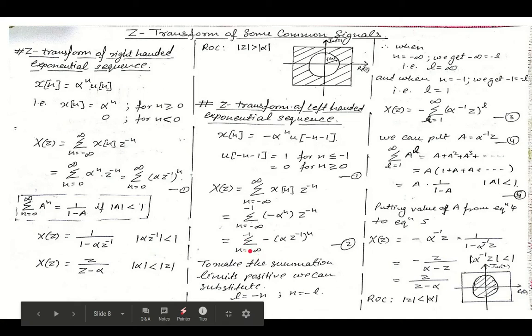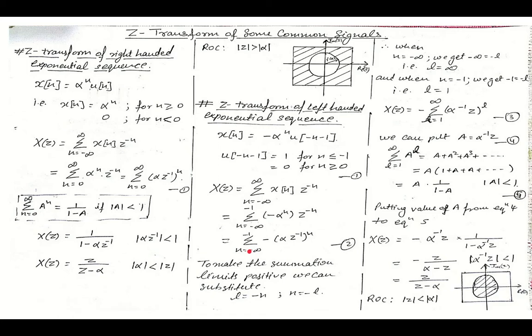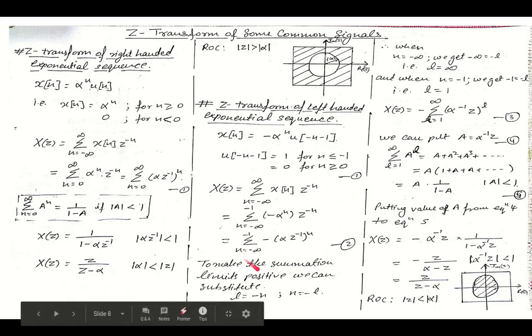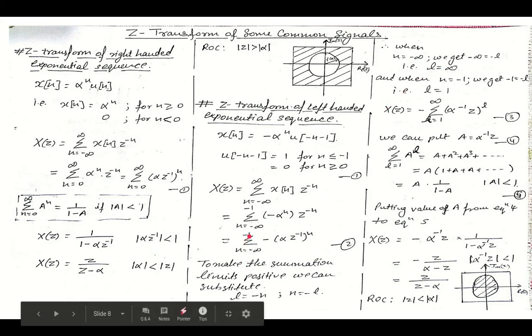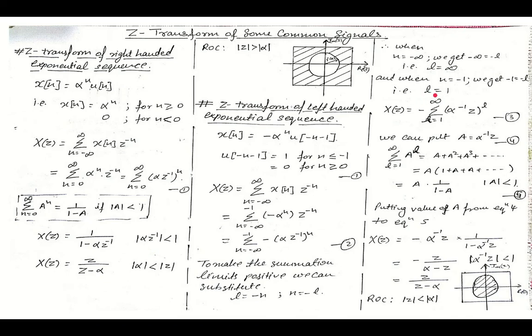Now for changing the limit to make them positive, we can substitute n equal to minus L. If I take L equal to minus n, or n equal to minus L, if n is equal to minus infinity, then the value of L will be equal to infinity, and when n is equal to minus 1, the value of L will be equal to 1.